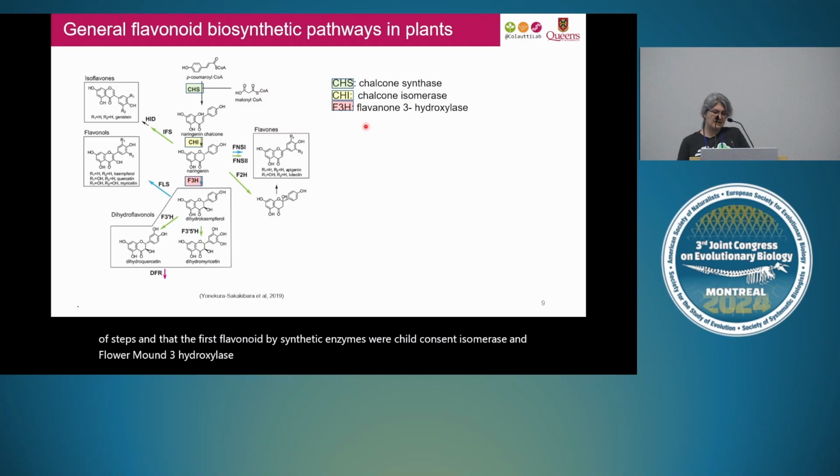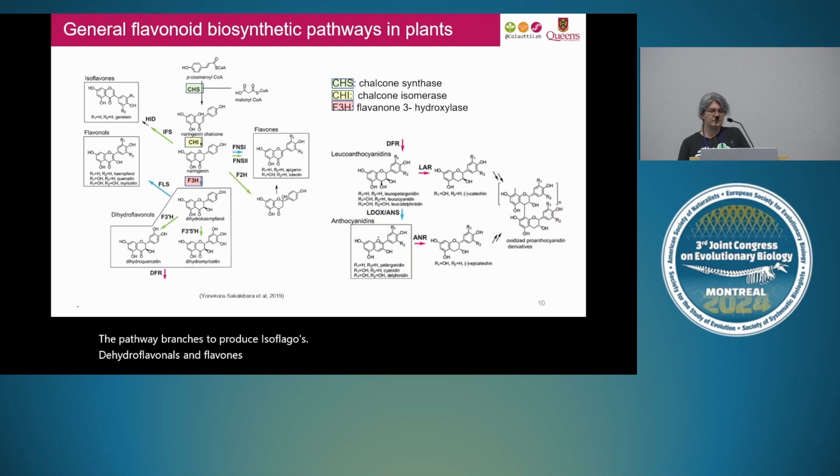From that, the pathway branches to produce isoflavones, flavonols, dihydroflavonols, and flavones, and also anthocyanidins, which confer color to flowers, among other functions.